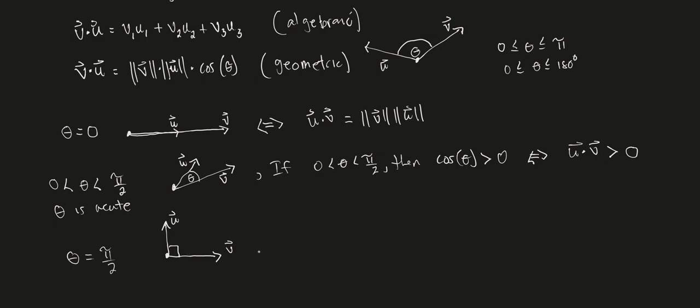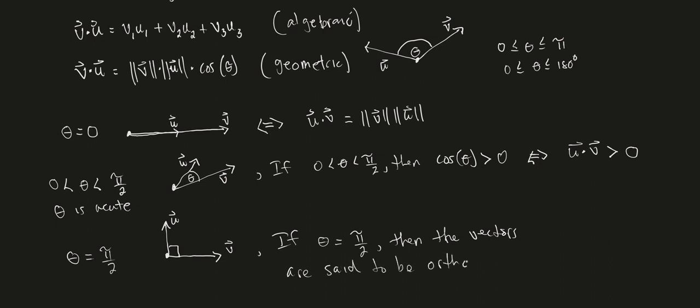So if theta is equal to pi over 2, then the vectors are said to be orthogonal, right?